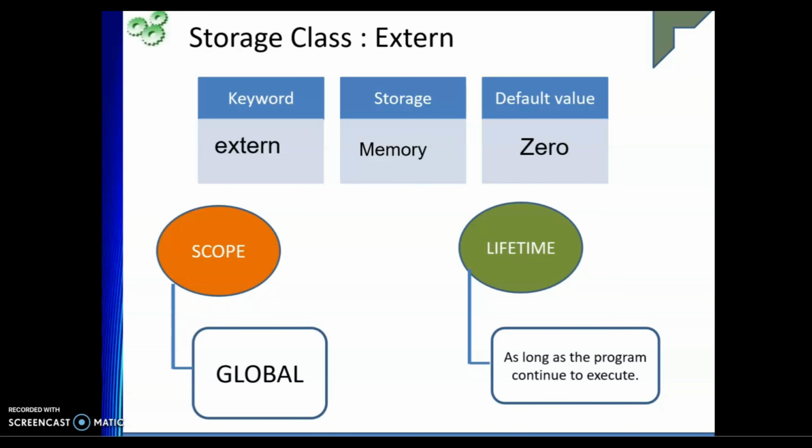I will have a separate video on extern, where you will understand extern as a storage class by itself. And the lifetime is as long as the program continues to execute. Once the program is finished, it will be destroyed.